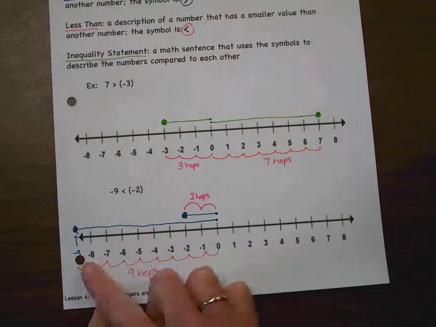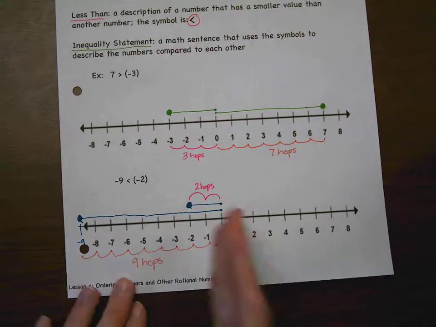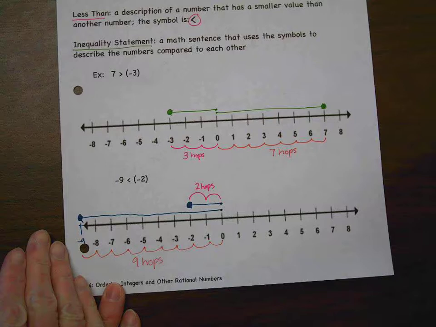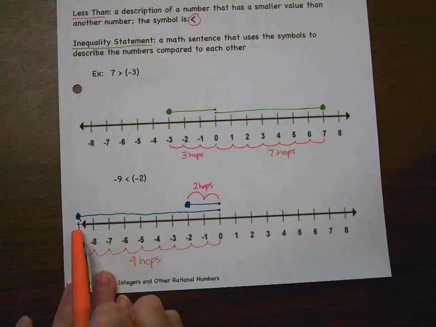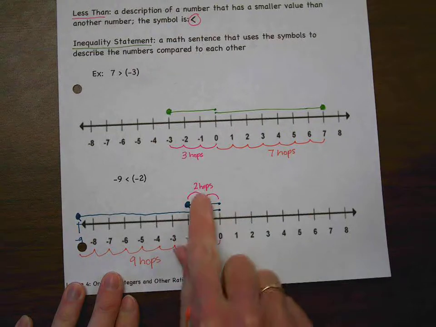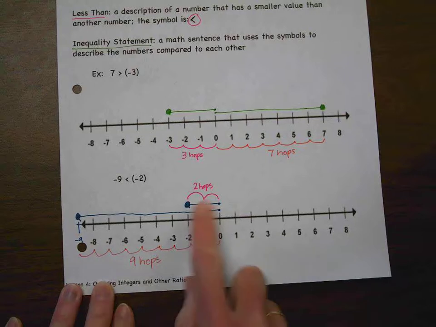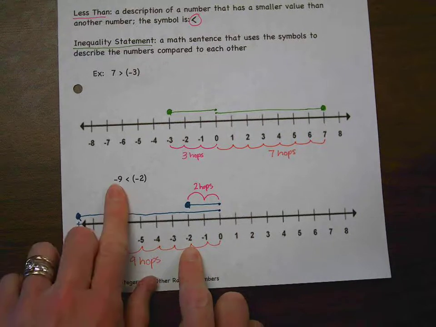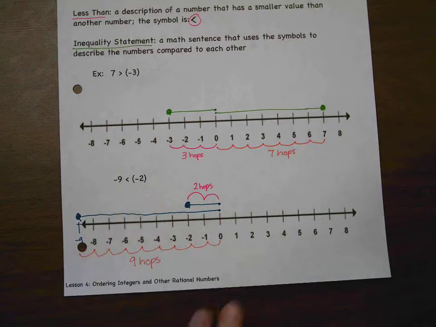So it's going away from 0 on the left side, so it's getting smaller, smaller, smaller, because remember in class we talked about the further away from 0 you go on the left, the smaller the number becomes. We now can see that negative 9 is smaller than negative 2 because negative 2 is only 2 hops away, whereas negative 9 is 9 hops away. So this is tiny compared to this one. So negative 9 is less than negative 2.